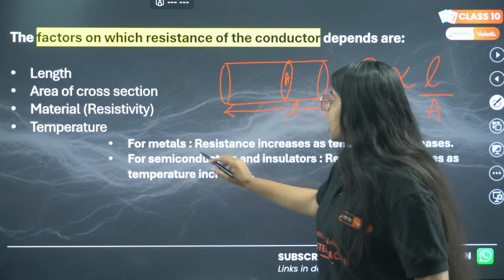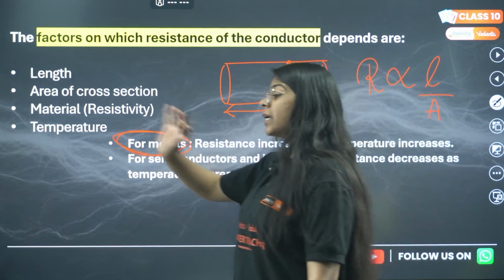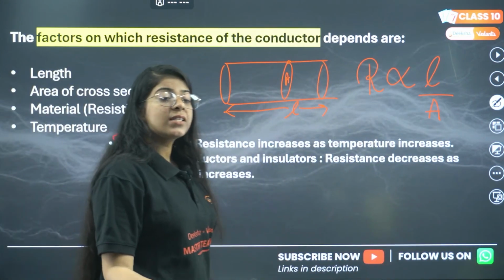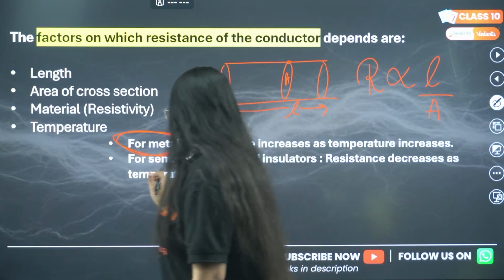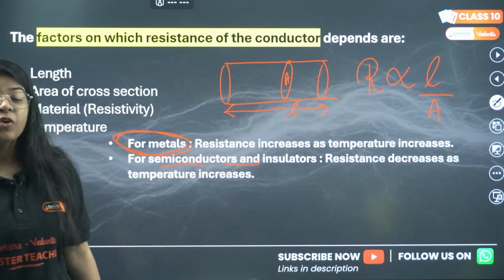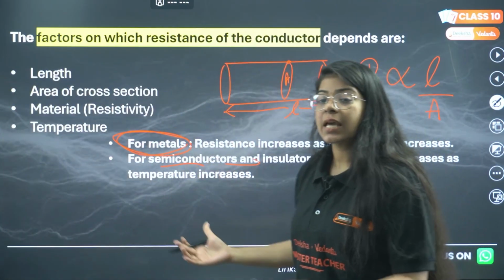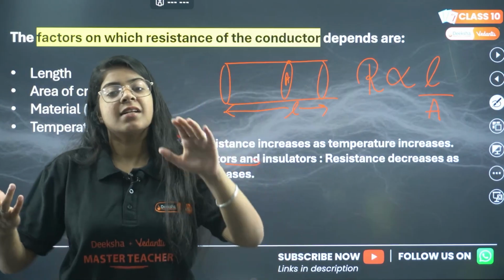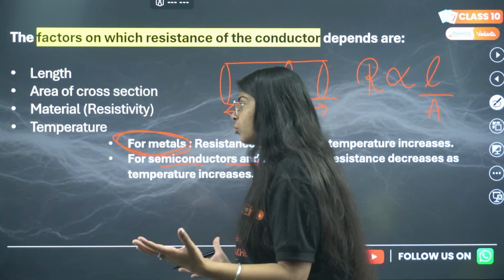So what happens for metals? For metals, if you increase the temperature, the resistance will increase and the current will decrease. But for insulators and semiconductors, as the temperature increases, the resistance will decrease, and hence more current will flow through them.